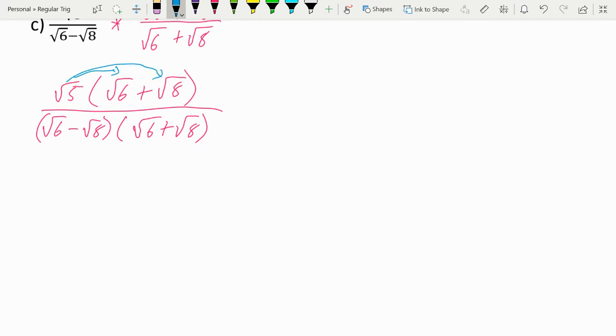Those other two problems, the numerator was always 1, and this one I wanted to show you something a little bit different. You notice they're all in square roots, so I can actually multiply these together. The square root of 5 times the square root of 6, because they're both square roots, I get the square root of 30.